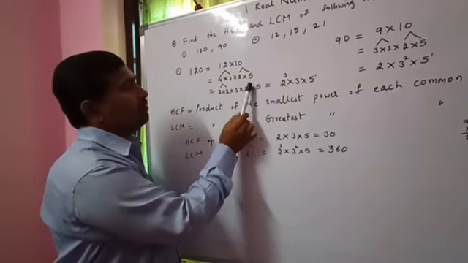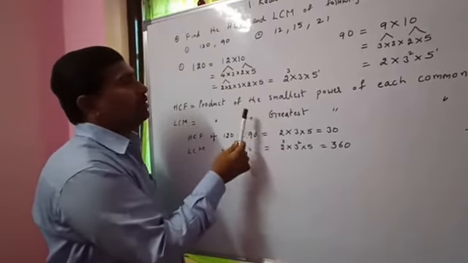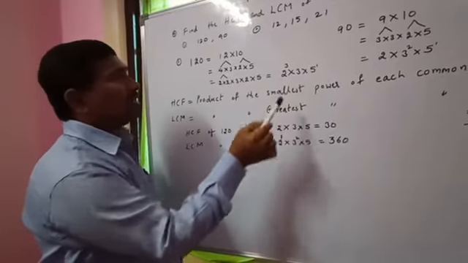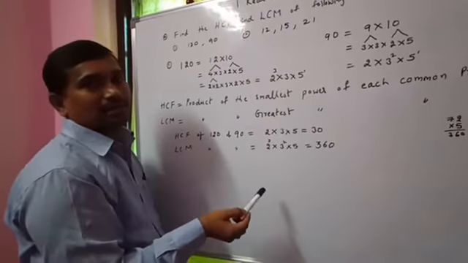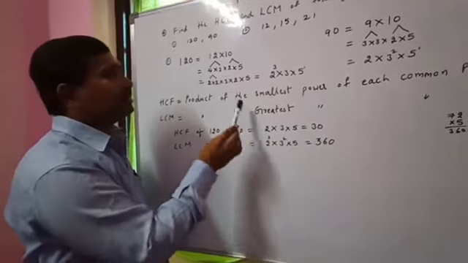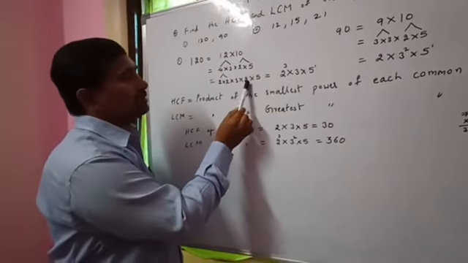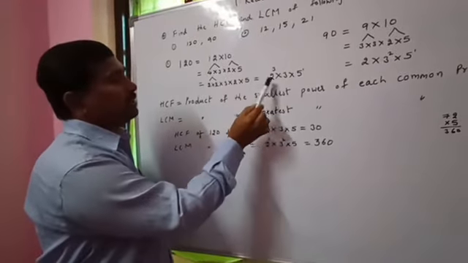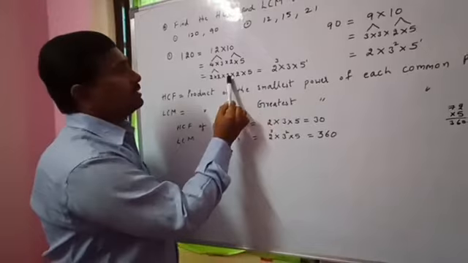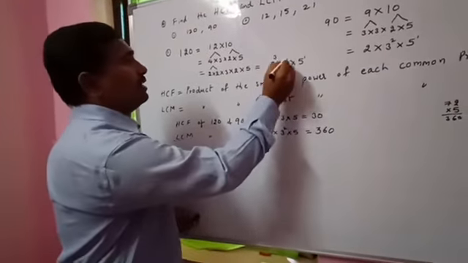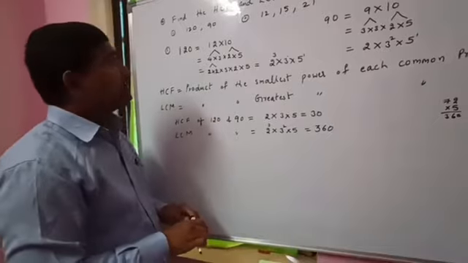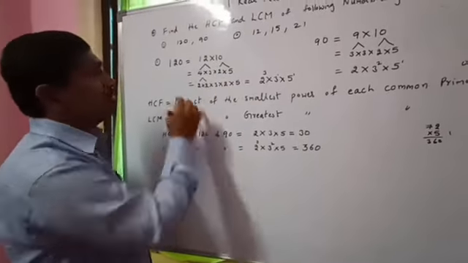This 3, 2, 5 write as it is. Now in the prime factorization method the order is from least to greatest, in ascending order. So here 2 repeated 3 times, that can be written as 2 power 3. 3 into 5. 3 repeated once only, 3 power 1. So this is the prime factorization of 120.